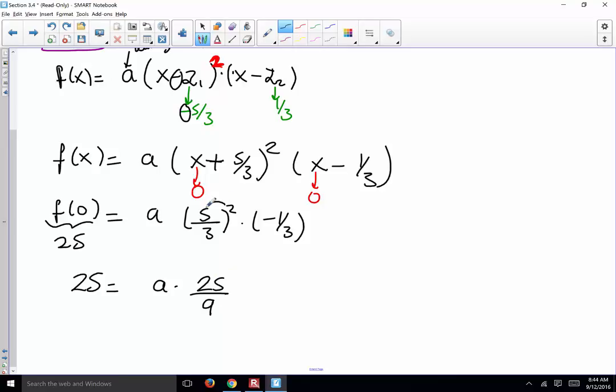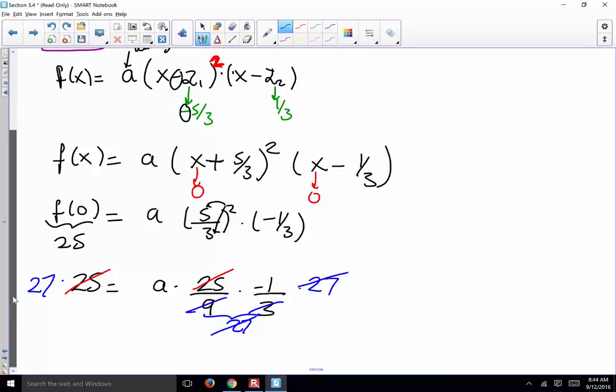When I square a fraction, I need to square both the top and bottom. And negative 1 over 3. Alright, good news, I can divide both sides by 25 and these will cancel. Then I will multiply both sides by 27. This 27 will cancel these two. 3 times 9 is 27, right? So I'm canceling these.